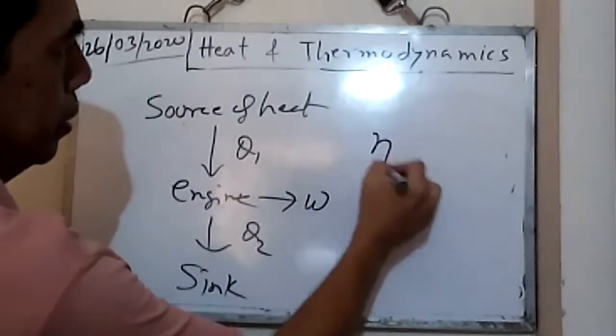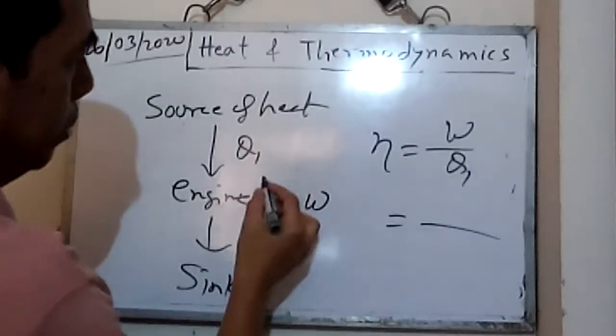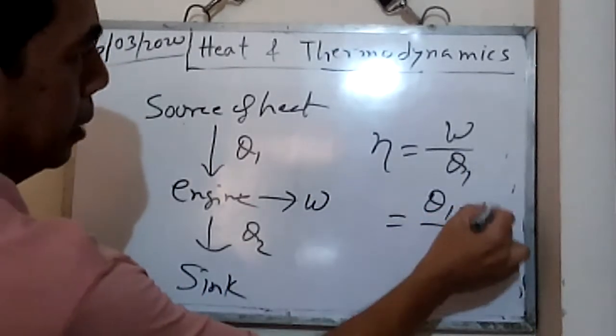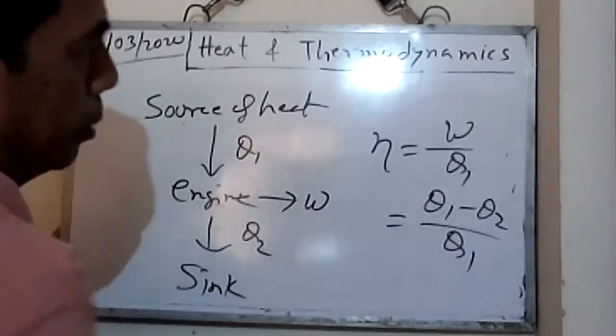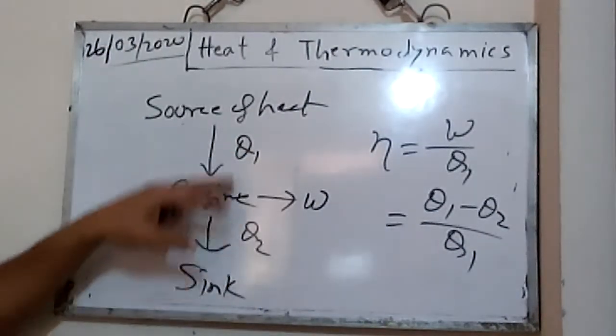Then efficiency equals W by Q1, where W means Q1 minus Q2.